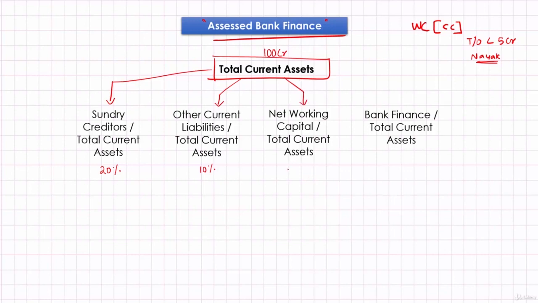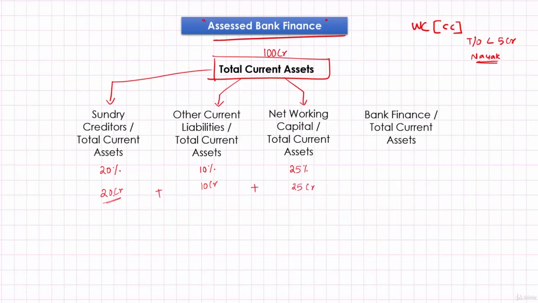Let's say that is around 25%. It means of your total asset of 100 crore, 20 crore is funded by sundry creditors, 10 crore is funded by other current liabilities, 25 crore is funded by net working capital.